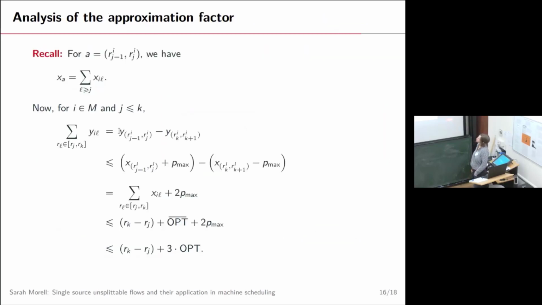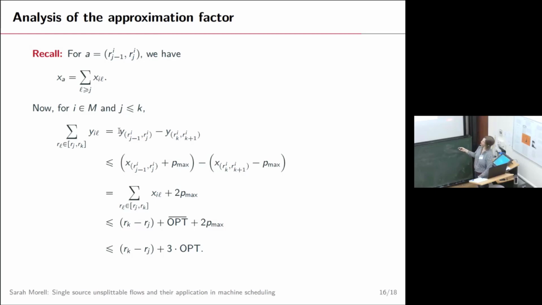So let's first recall that if we have a look at one of those arcs lying within a copy of nodes corresponding to a certain machine, x_a is the sum of all indices l at least j of x_il. So this is the sum of the fractions we've had in the beginning. The same, of course, is true for y_il, because they're also using the same arcs and the same paths.